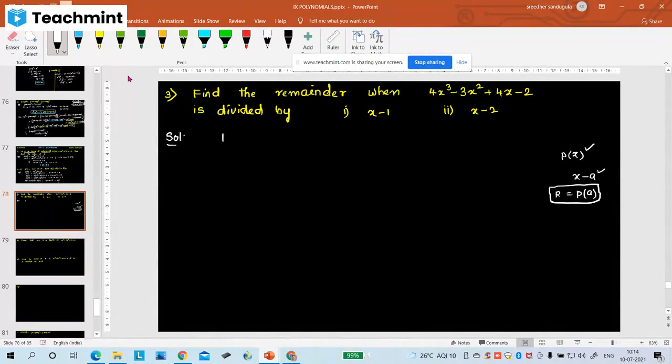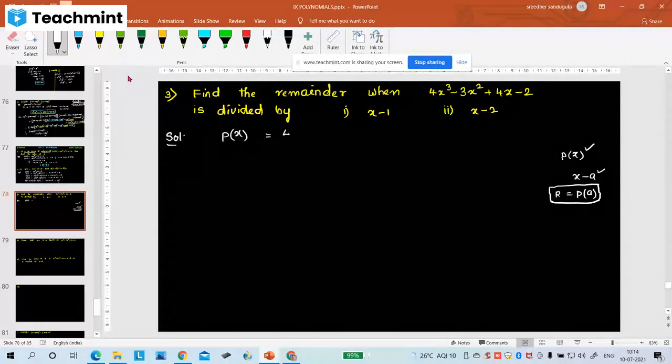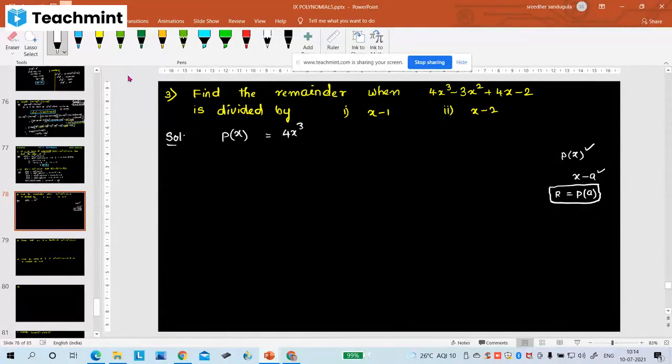Whatever the given polynomial, we are taking as p of x. That is 4x cube minus 3x square plus 4x minus 2.